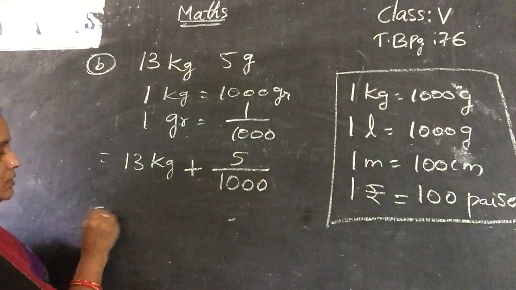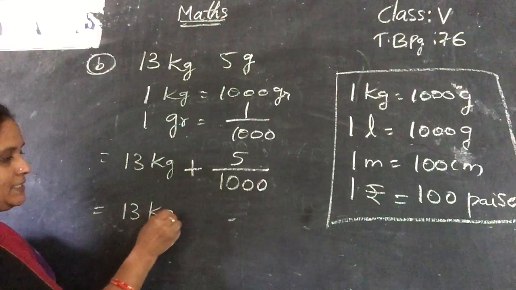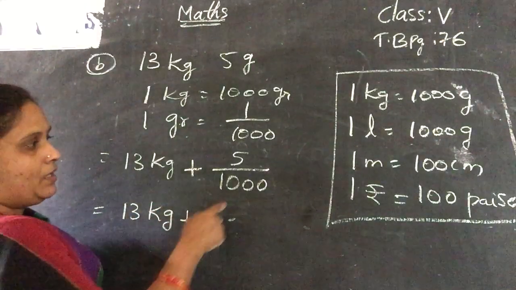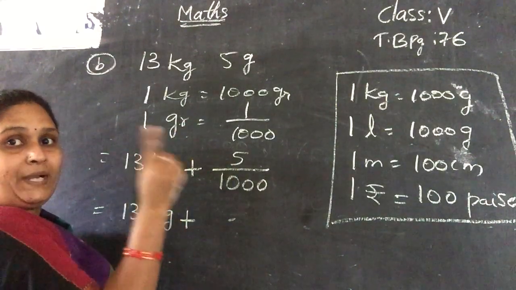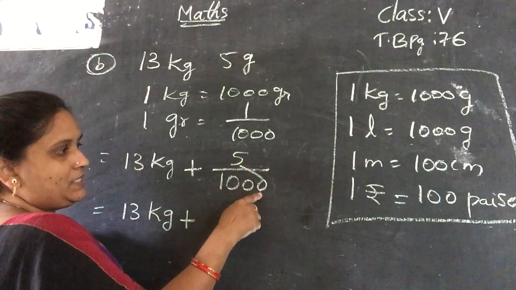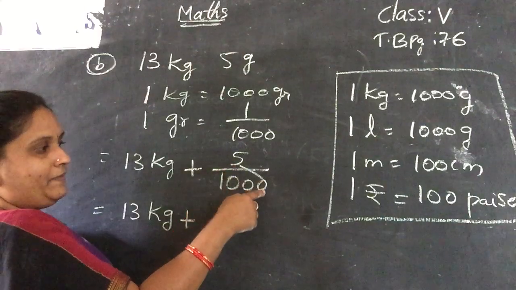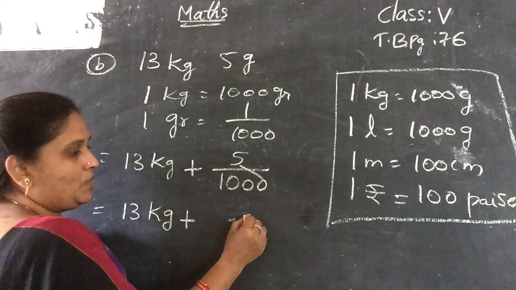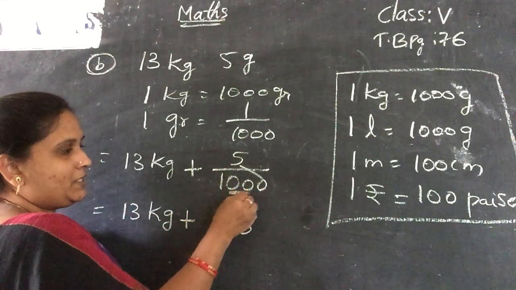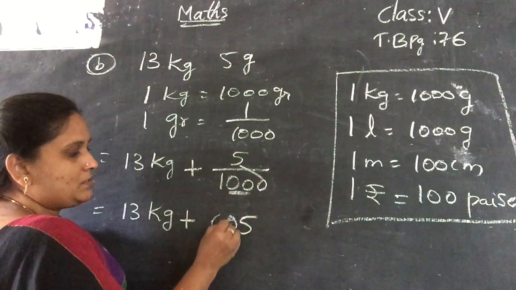Now 13 kgs as it is, plus. How many digits are there? Only one digit, so this 5 goes in the last zero's place. Next, 2 zeros: write 0, 0.